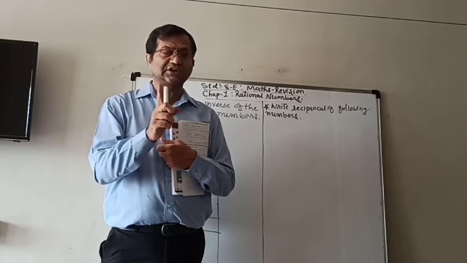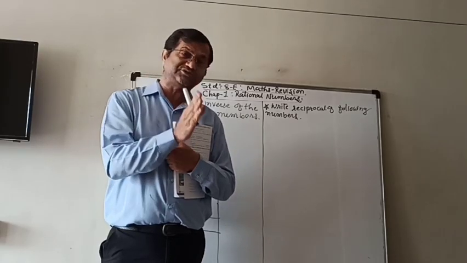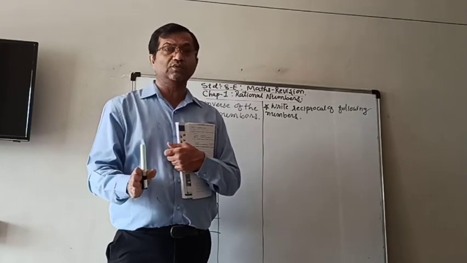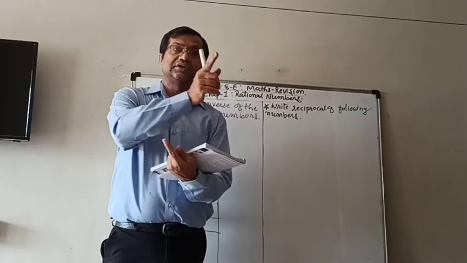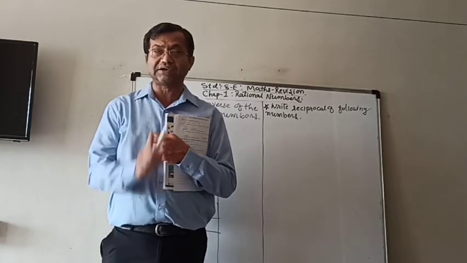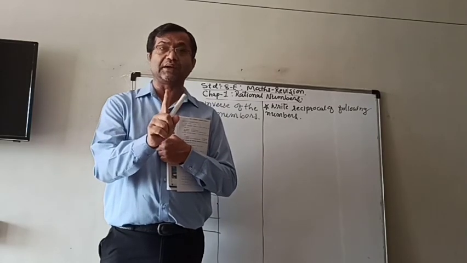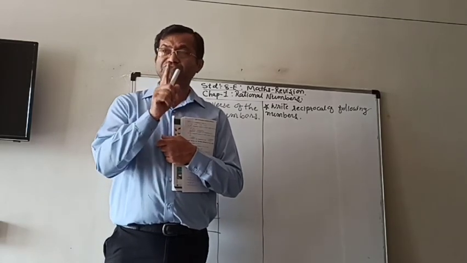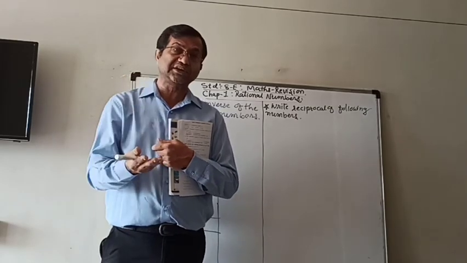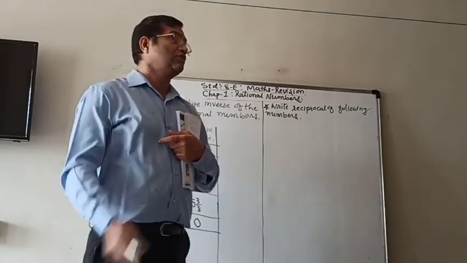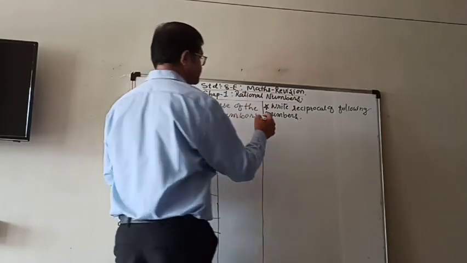In this situation, don't change the sign. If the number is positive, keep it positive. If the number is negative, keep it negative. Just upside down. But if it is a mixed number, be careful. Because first it should be converted into the improper fraction and then we have to switch over.